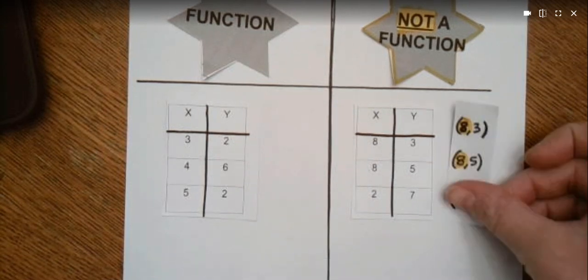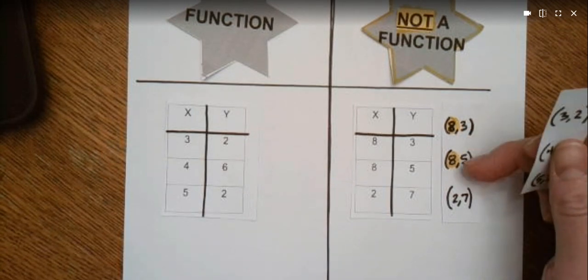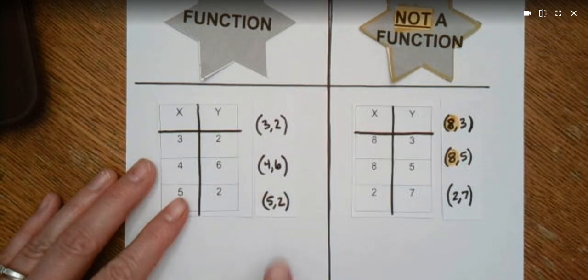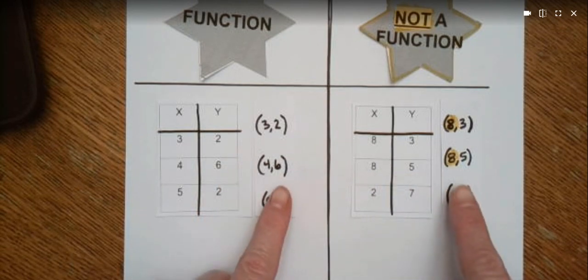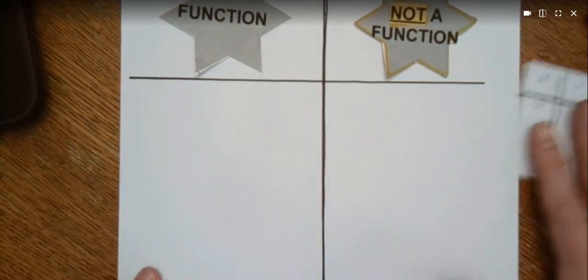Even if I put these points from the table as ordered pairs, I'm going to have the 8s repeating. Here, if I were to put these points from the table as ordered pairs, there would be no x values repeating. So when we're looking at a table or ordered pairs, we're looking to see, are there any x values repeating?